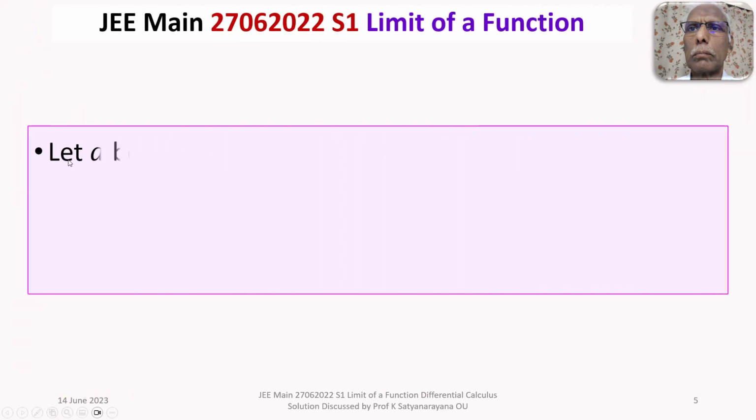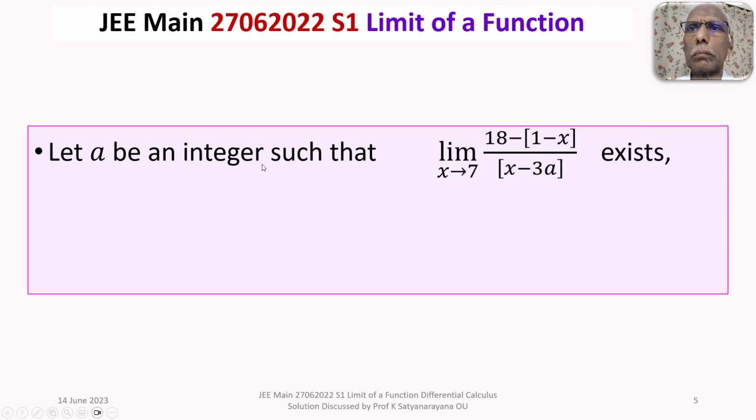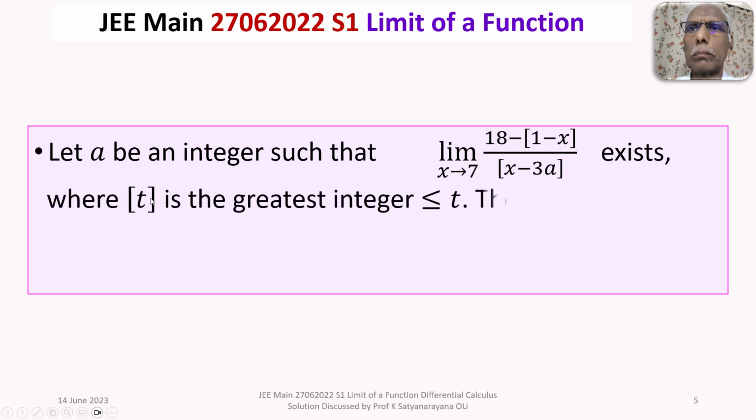The given question is, let a be an integer such that the limit as x tends to 7 of the quotient where the numerator is 18 minus bracket of 1 minus x, by bracket of x minus 3a, exists, where bracket t is the greatest integer less than or equal to t.